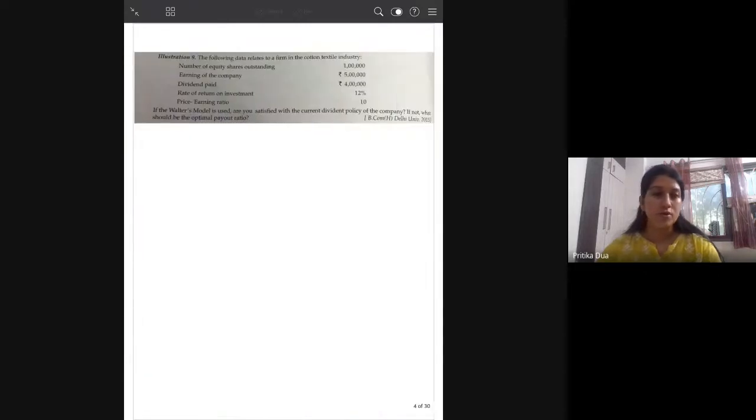Last question on the Gordon model. So a bit different, please pay attention. Now you're given the number of equity shares outstanding, the earnings of the company, dividend paid, return on investment, and the PE ratio for the firm.